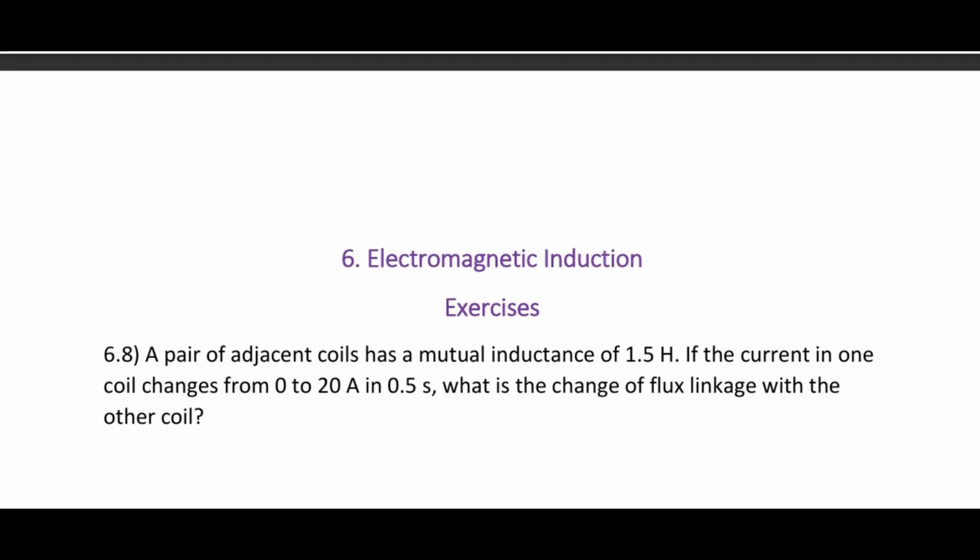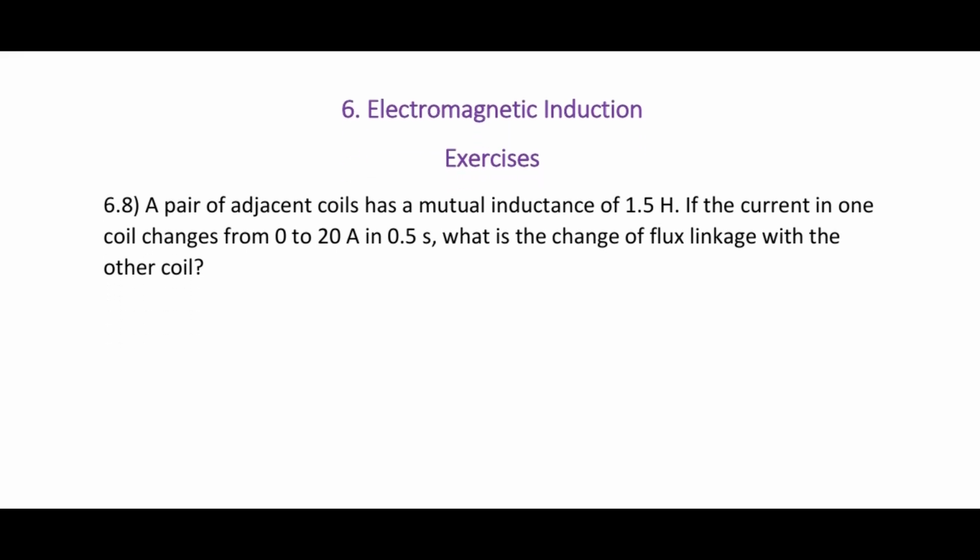Coming to 6.8. A pair of adjacent coils has a mutual inductance of 1.5 Henry. If the current in one coil changes from 0 to 20 ampere in 0.5 second, what is the change in flux linkage with the other coil?